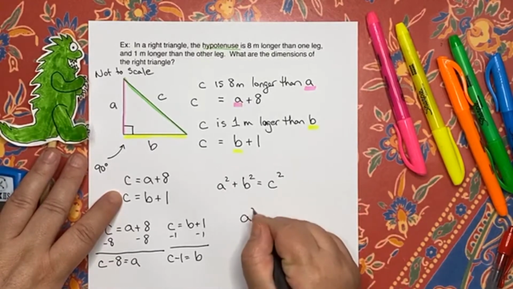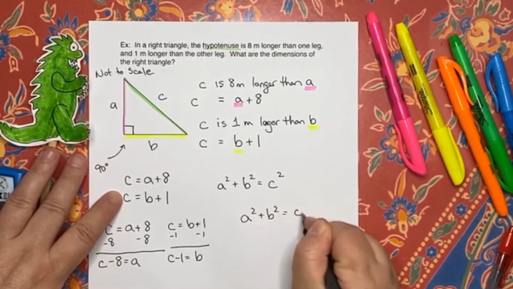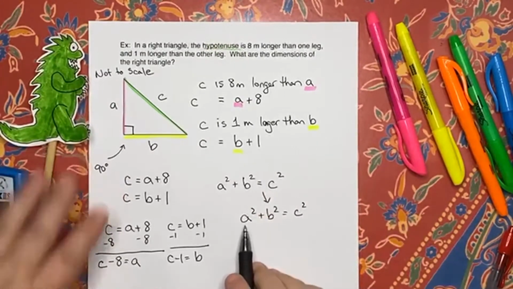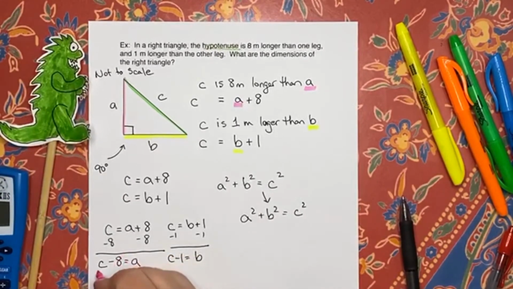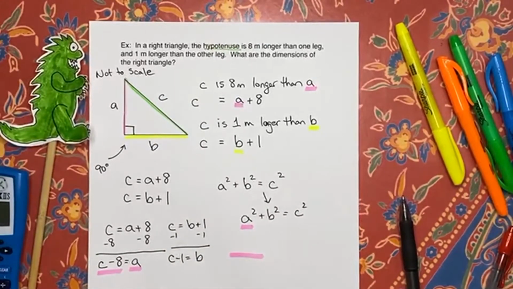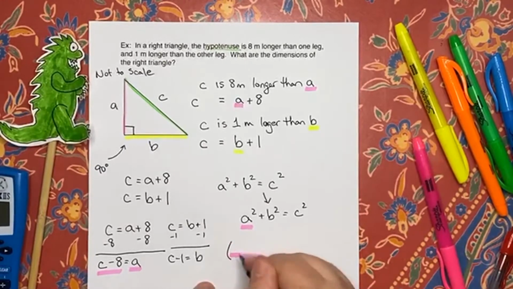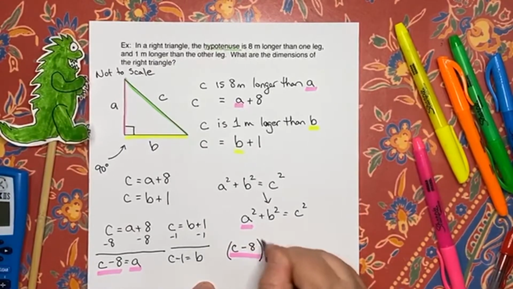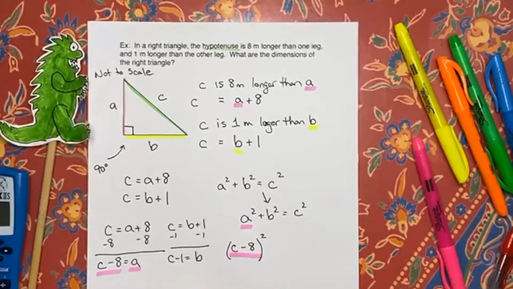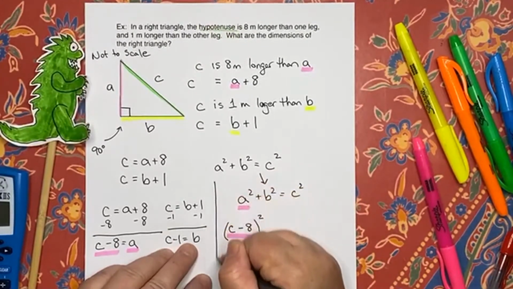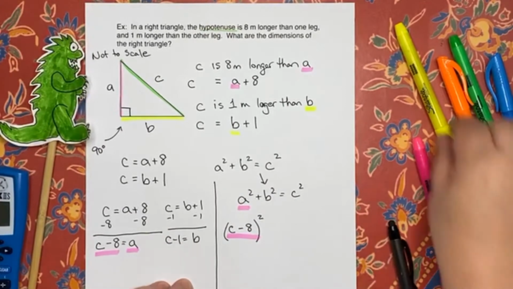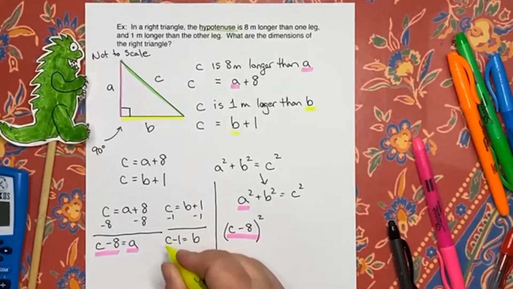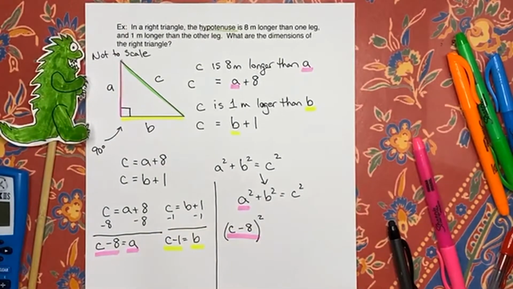Well, I could take this A squared plus B squared equals C squared that I've got right there. And in place of A, the pink side, I could put C minus 8, the quantity squared. Draw a little line there. And then my B is yellow.